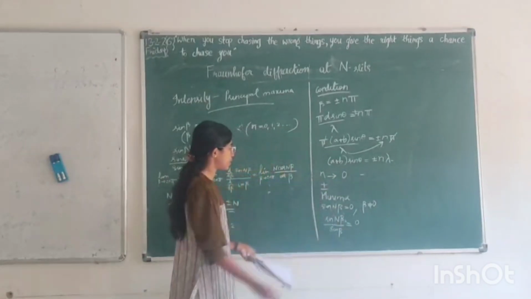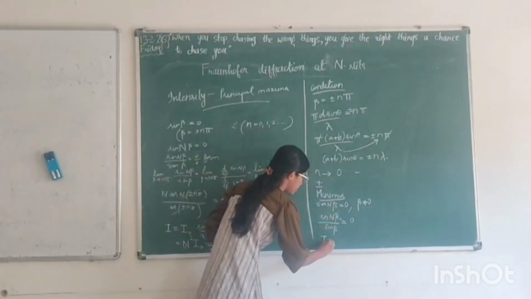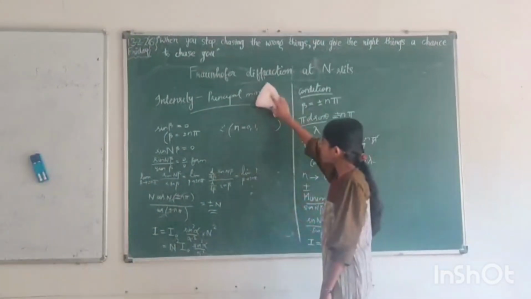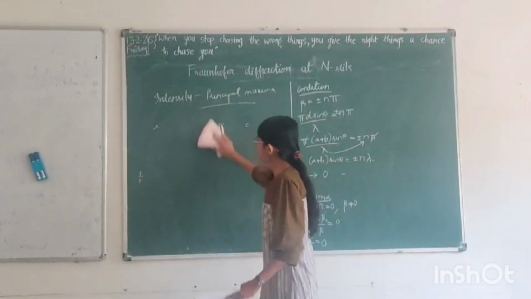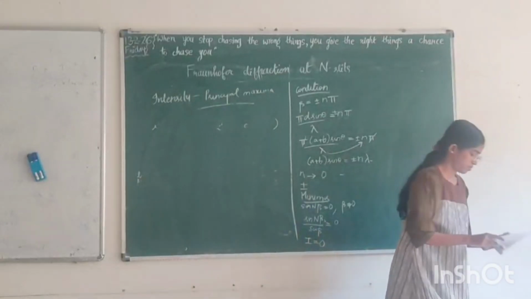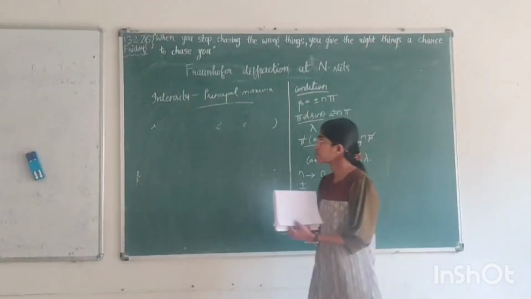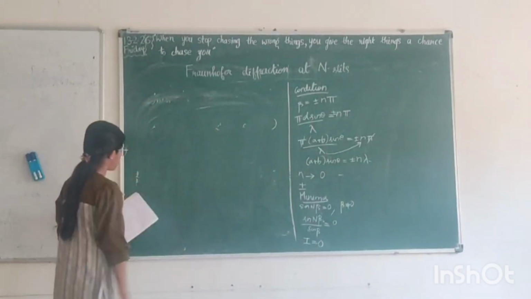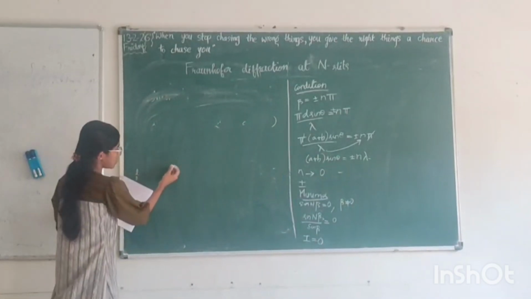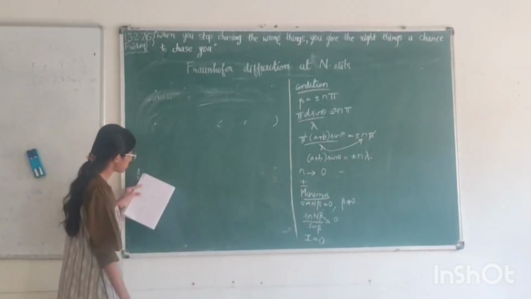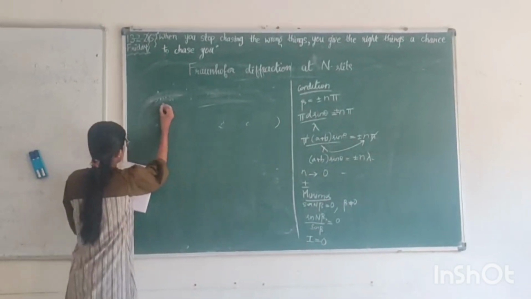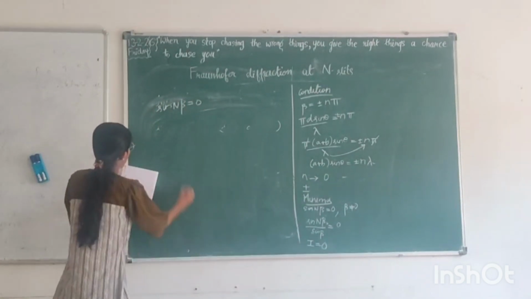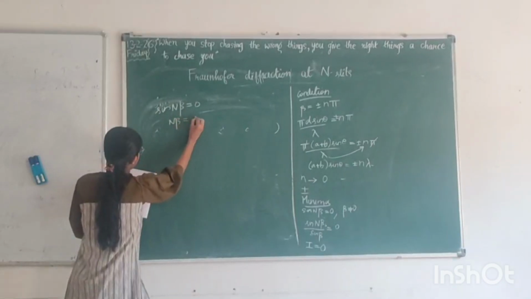And in the case of minima, the intensity will also be equal to 0. So for minima, sin n beta equal to 0, and n beta is equal to plus or minus m pi.